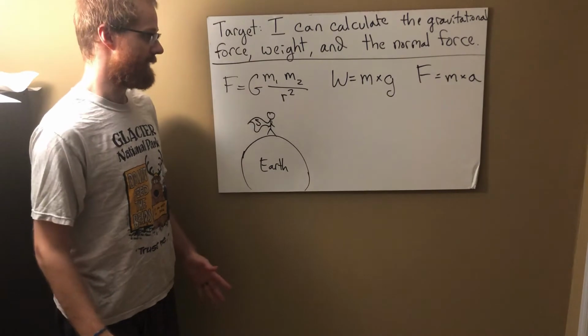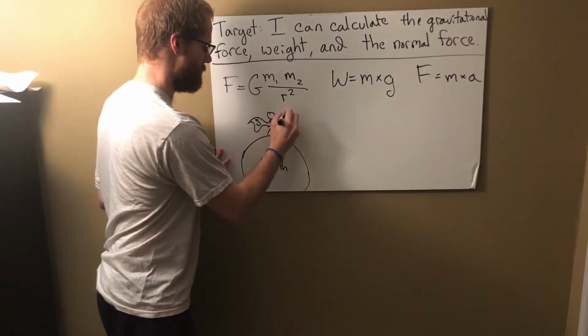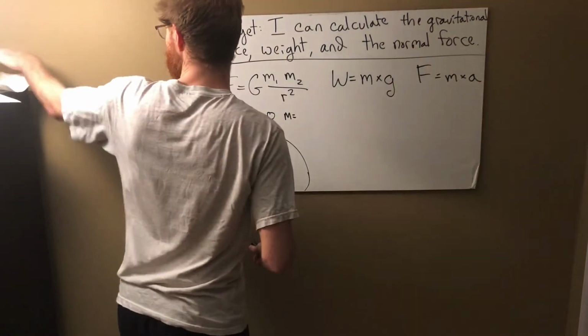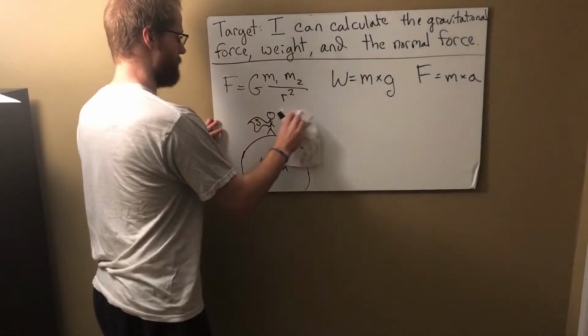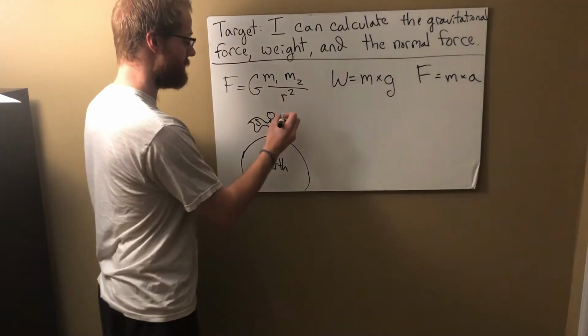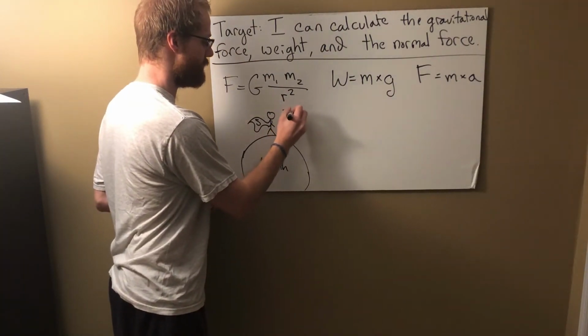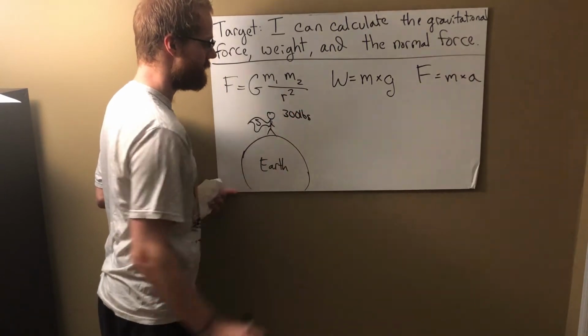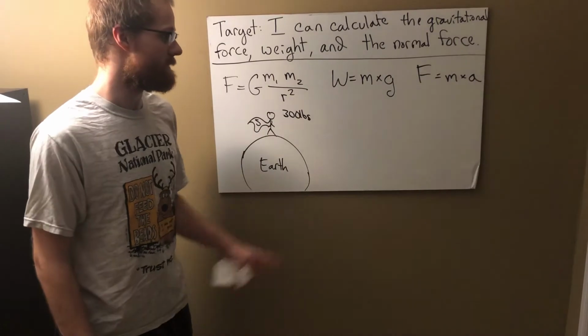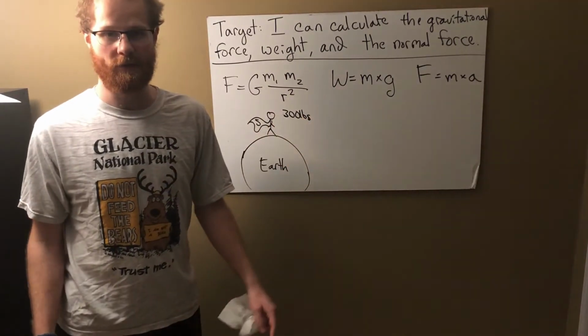Superman has a mass. There we go. Superman steps on a scale on Earth, and the scale tells him that he weighs about 300 pounds. And Superman is really interested in physics, and Superman wants to know what his weight is in newtons.